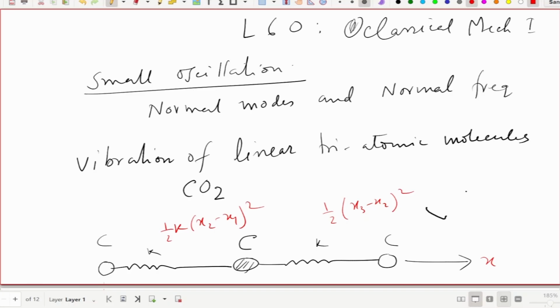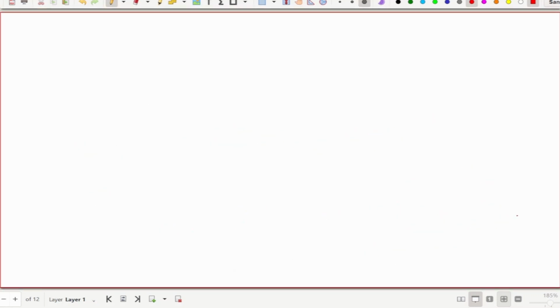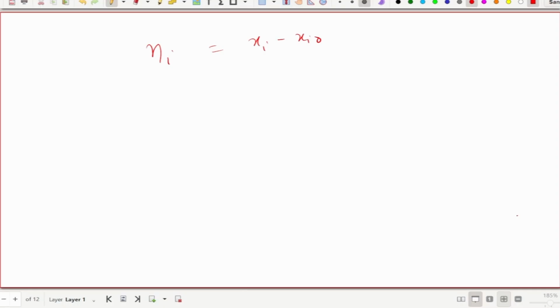And we define the variables eta i as just x i minus x i 0. That means the difference between its position at any time and the equilibrium position, the shift from equilibrium. Then with this definition of eta, the potential energy will be half k times eta 2 minus eta 1 whole square plus eta 3 minus eta 2 whole square.